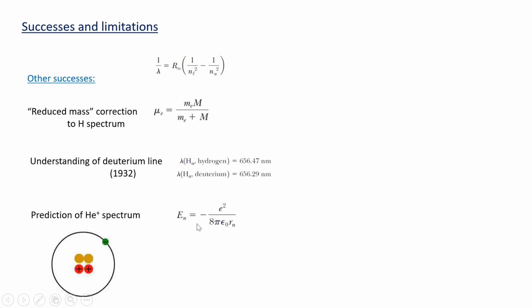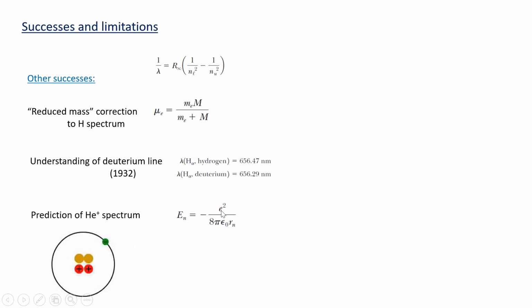The difference here is that in the energy, we assumed that the energy was E squared, because this was the proton charge, which is the elementary charge, times the electron charge, which is the elementary charge. However, now we have in the nucleus 2 times E, and the electron would still be E. So this would be 2E squared over 8 pi epsilon naught Rn.